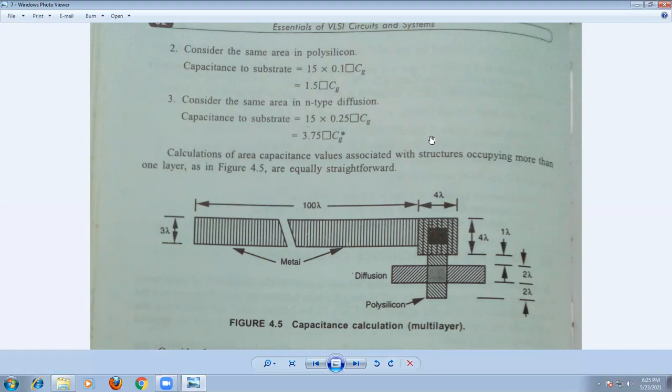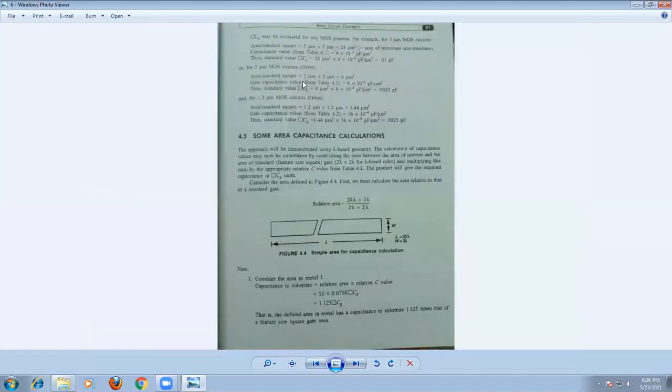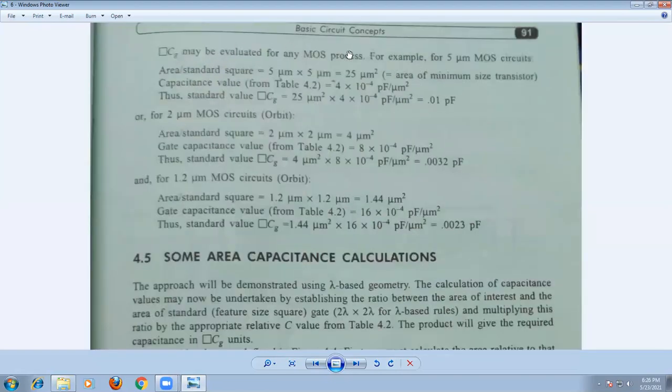Now, how to calculate the value in terms of farads? Just multiply, because we are using five micrometer technology here. In five micrometer technology, 1 square Cg, the standard unit of capacitance, is equal to 0.01 picofarad.